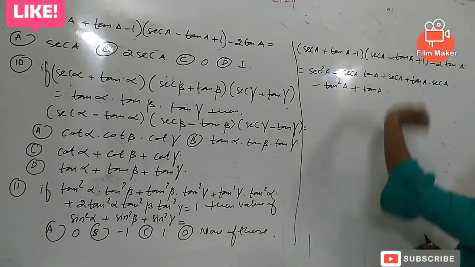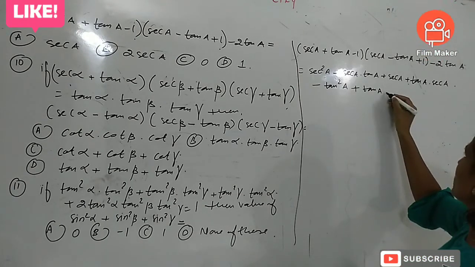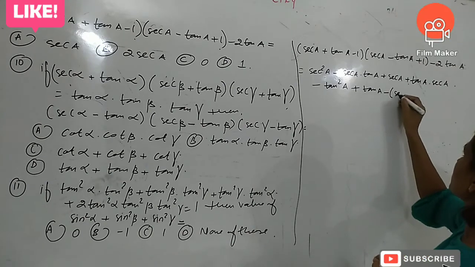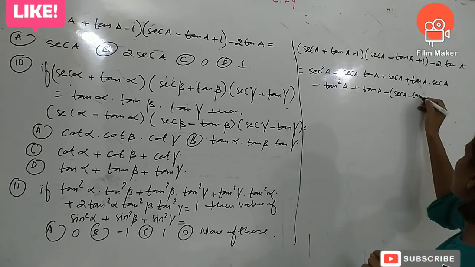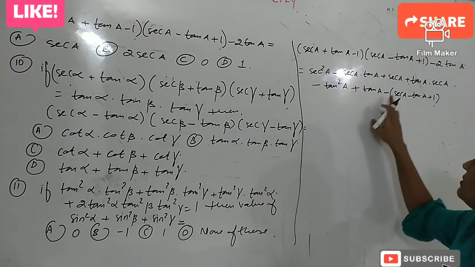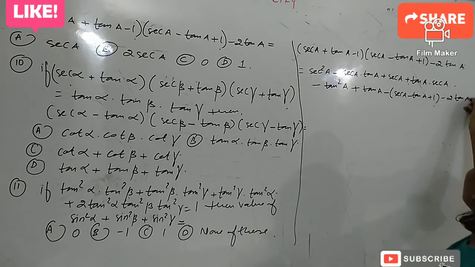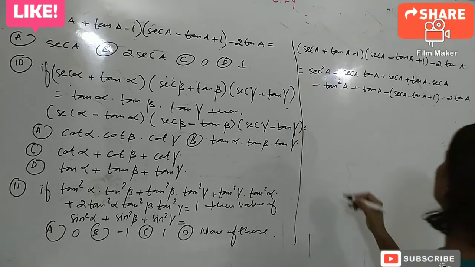So 1 into this whole bracket, this bracket will remain as it is but with the minus sign. So minus of sec A minus tan A plus 1. Okay, 1 into this whole bracket is the bracket but with the minus sign. And the last term is 2 tan A. So just make calculation complete.